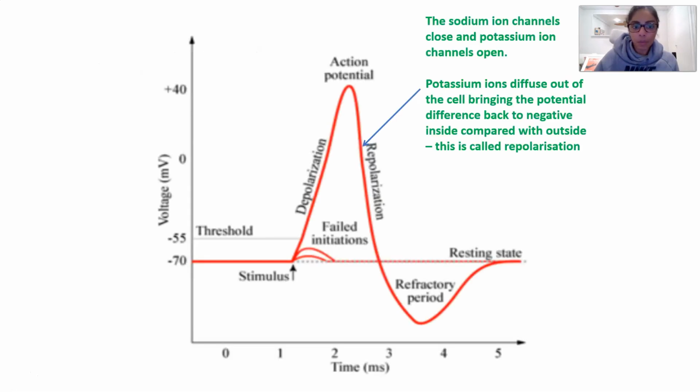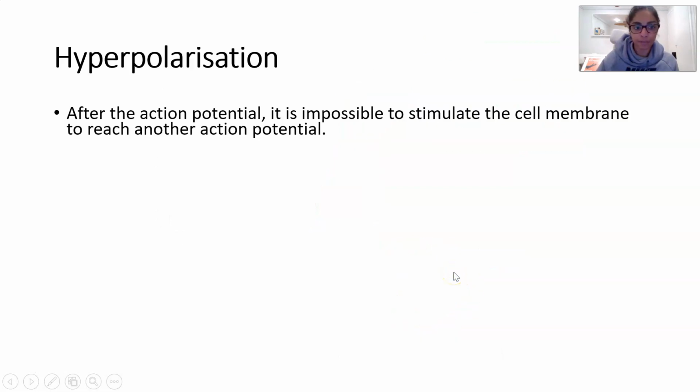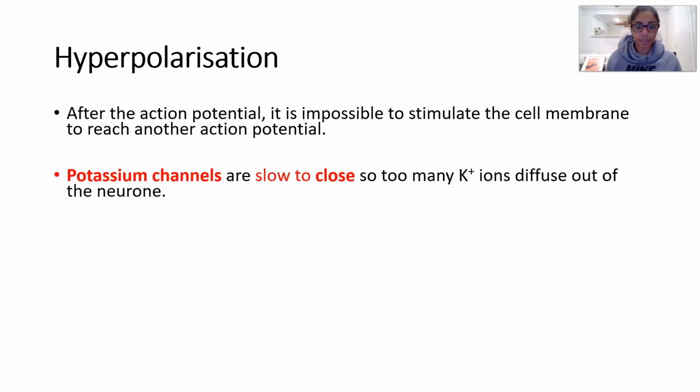So you can see if you go back here to this graph, it's successful in repolarizing the internal and external environment. However, it does too good a job here, and we end up with something called hyperpolarization, which results in a refractory period. Hyperpolarization is where it is impossible to stimulate the nerve to conduct another action potential.